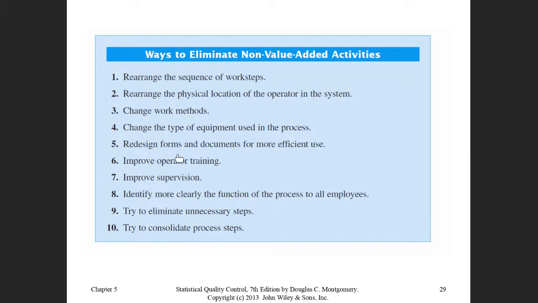Redesign forms and documents for more efficient use. Sometimes documents and forms need too many steps to be processed, so it would be better to redesign them to be convenient and to cut non-value added activities.